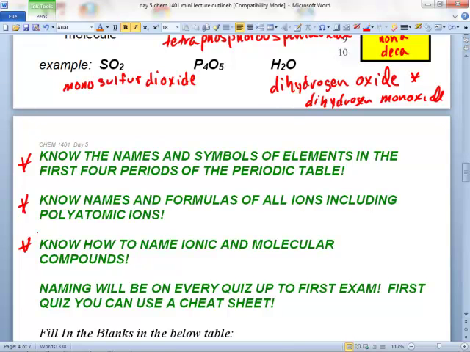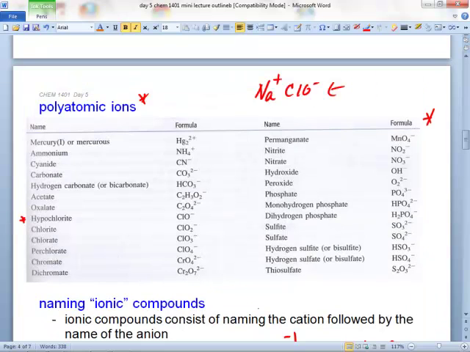So we're going to have naming on every single quiz up to the first exam. Now the first quiz, you can use a cheat sheet. So I don't care what you write. Don't write on yourself. It's a cheat sheet, so use whatever you want. My suggestion is you're going through and naming all this stuff. Probably say it out loud because things go faster.